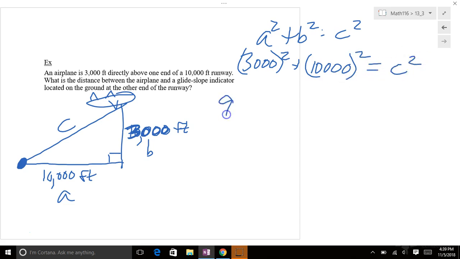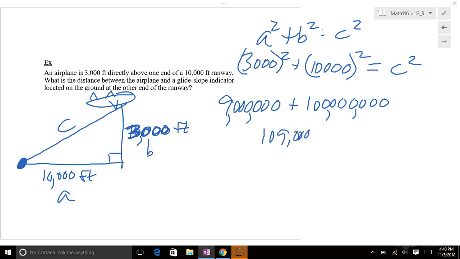So you've got 9 million plus 100 million. I'm going to add those together, so we have 100 million plus 9 million, 109 million.